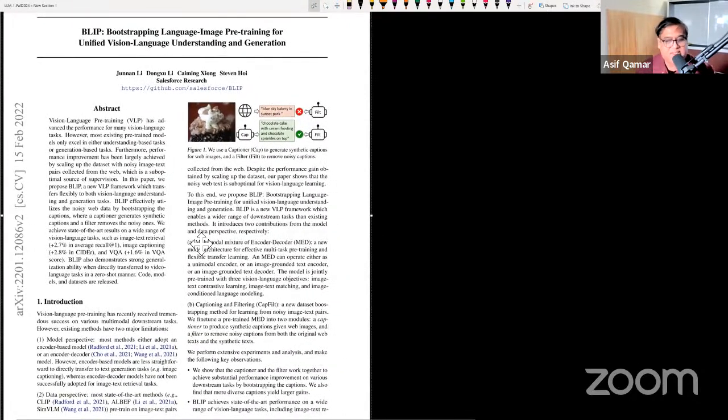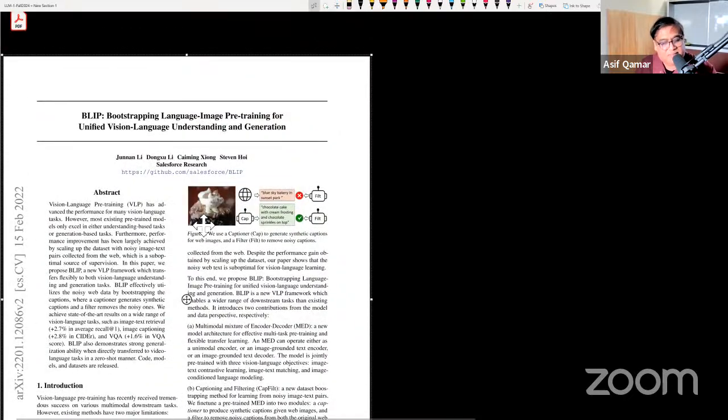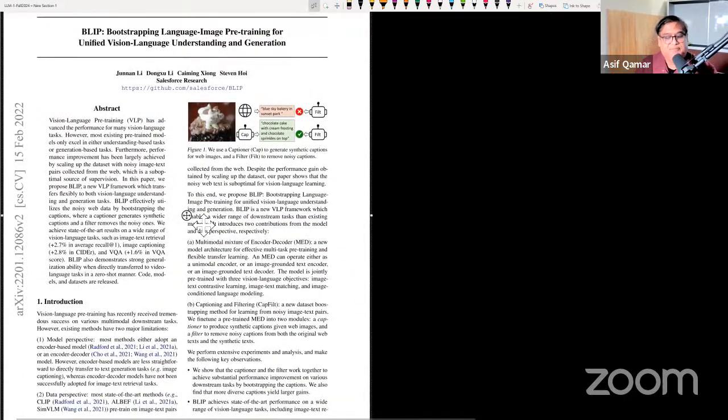It builds an architecture, and you can see the use of words like vision language pre-training, VLP, and vision language models. And as we move forward, people begin to use the term visual language understanding. Those terms began to emerge and have become part of our common vocabulary.